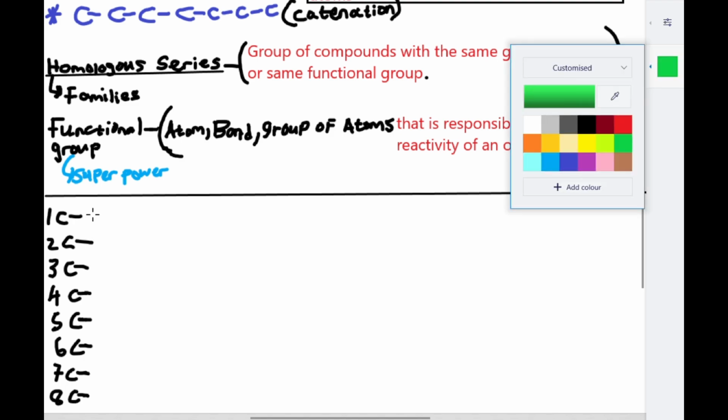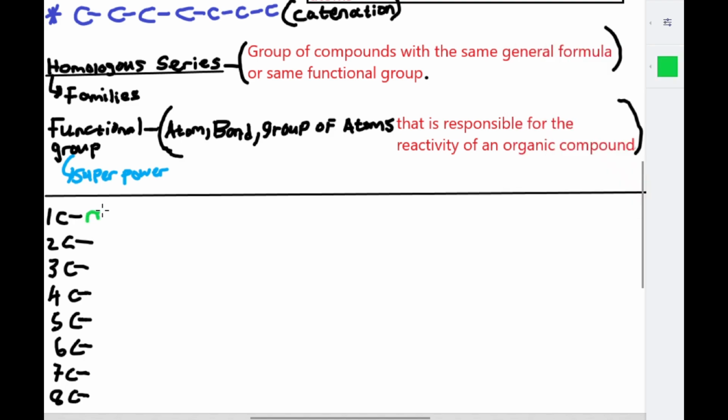If you have 1 carbon atom, that is going to be meth. 2 carbon atoms is eth. 3 carbon atoms is prop. 4 will be but. 5 carbon atoms is pent. 6 is hex. 7 is hept. 8 is oct.